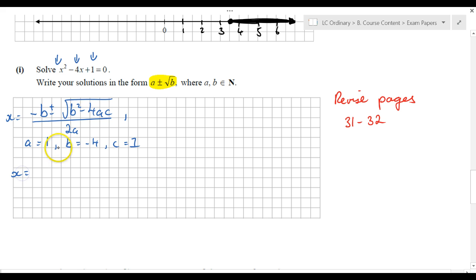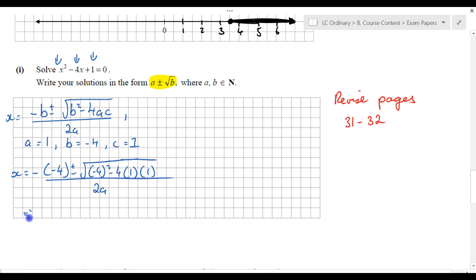x equals minus b, minus negative 4, plus or minus the square root of negative 4 squared minus 4 times a, which is 1, times c, which is 1, all over 2a.